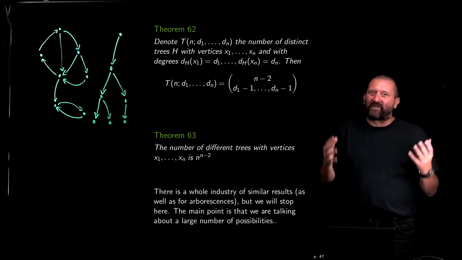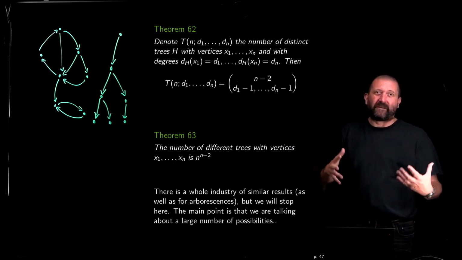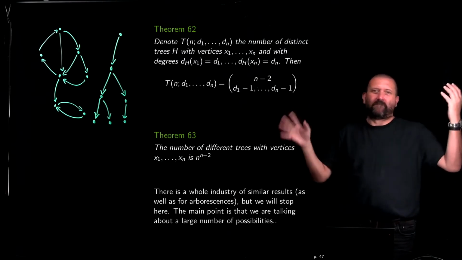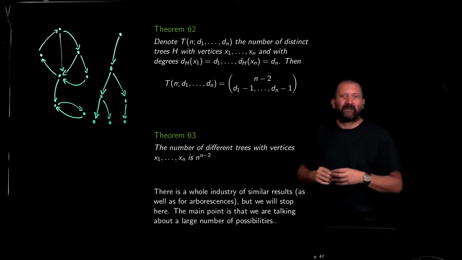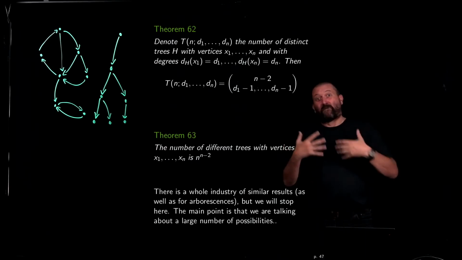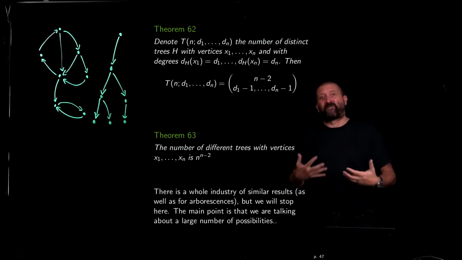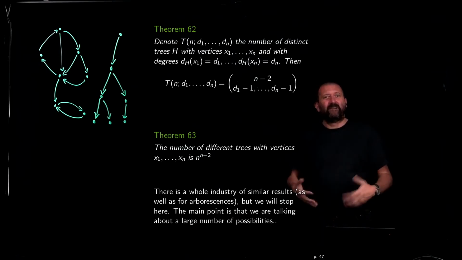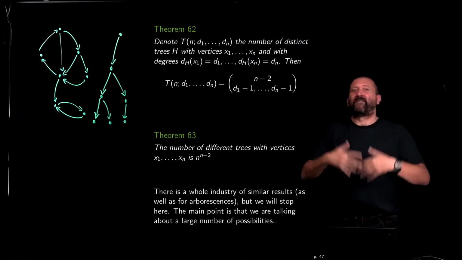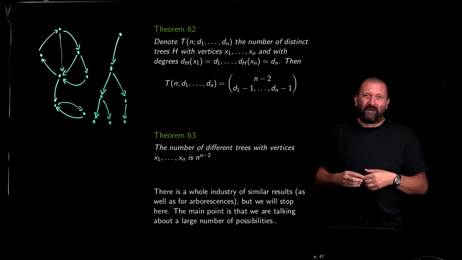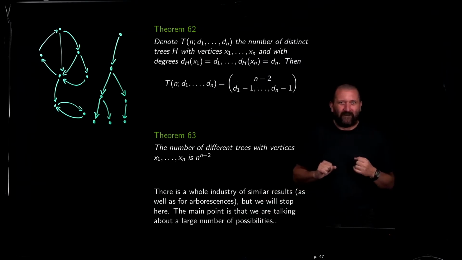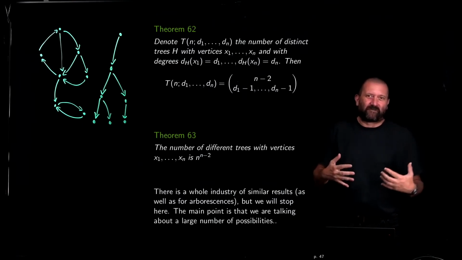If you dig into this, people will ask what's the number of trees that satisfy such conditions, and you'll get some formula giving you either an approximation if it's not possible to get it explicitly, or something more explicit if it is. And there's a whole industry of similar results.